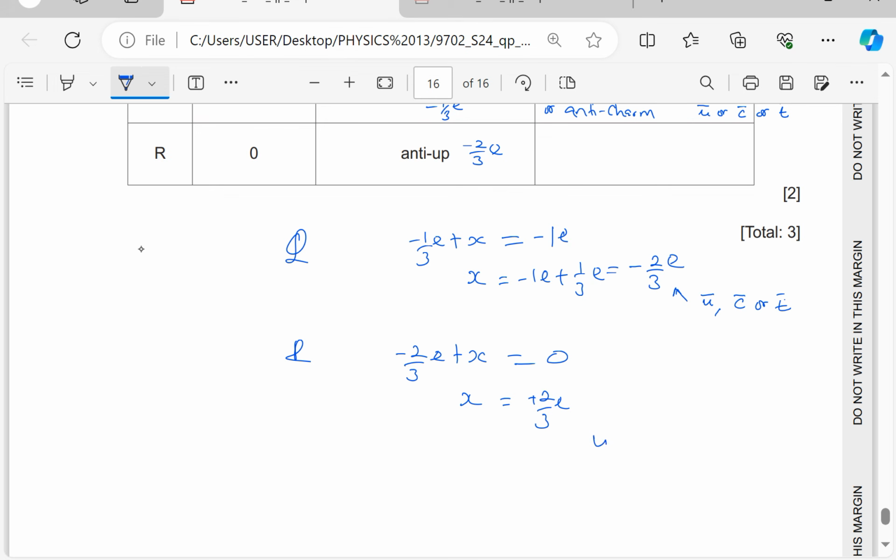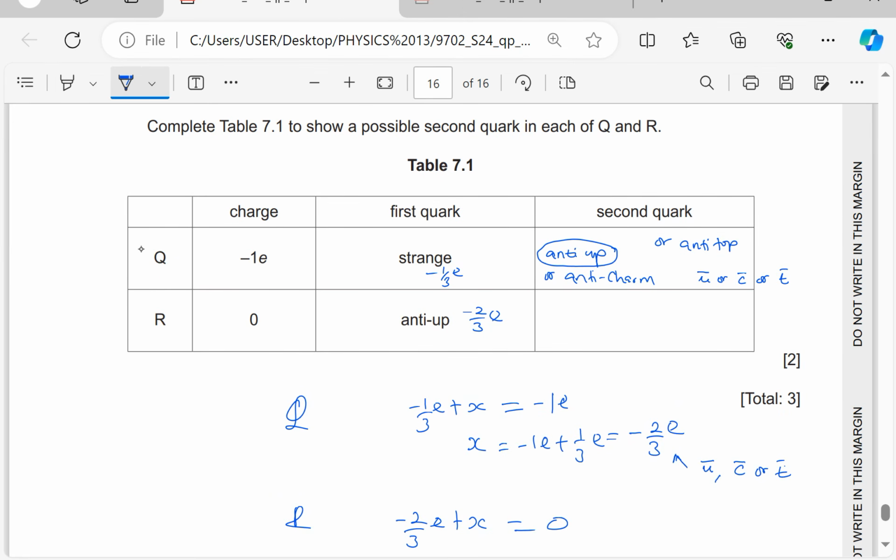Those are the up, or charm, or top. So here I can say up, or you can say charm, or you can say top. You don't need to say all these, you just choose one. Or you can say U or C or T, one of those.